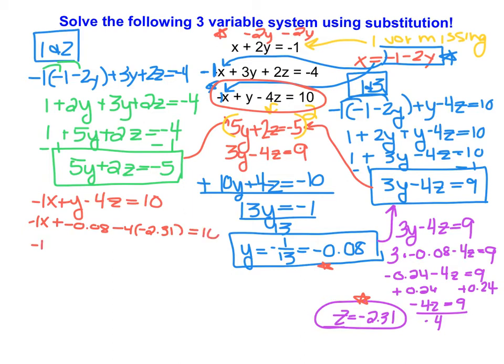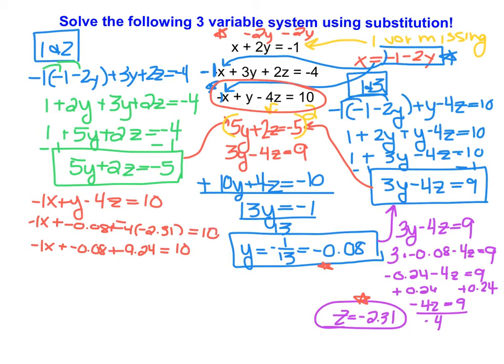So I have negative 1x plus negative 0.08. And then I'm going to use keep change here. So I have negative 4 times negative 2.31, which becomes a positive. And then 4 times 2.31 is 9.24. And that's equal to 10.